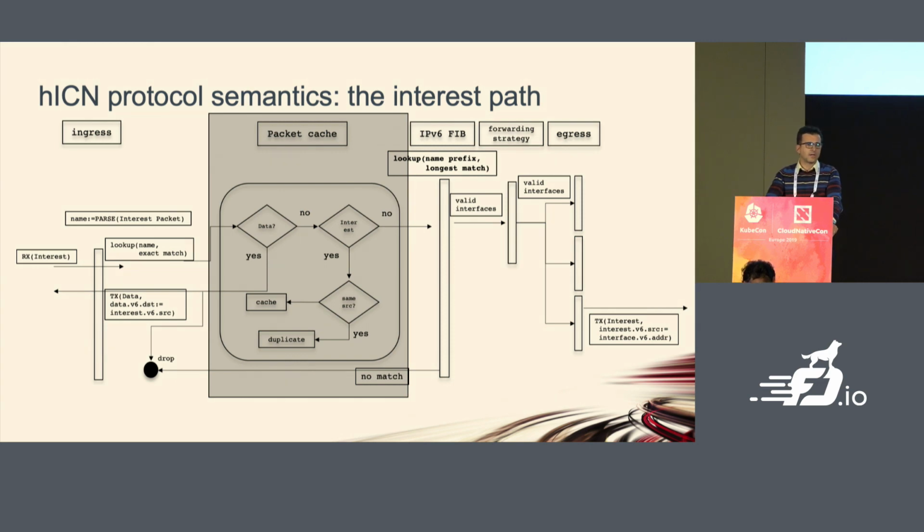In addition, you have a new data structure, which is the packet cache, that we use to temporarily cache the requests and the replies. We'll see why. But essentially, you have the packet parser, just like any other IP pipeline. And at the egress, you have an IPv6 FIB. You have a load balancer, typically, that we call forwarding strategy. And then you have the egress.